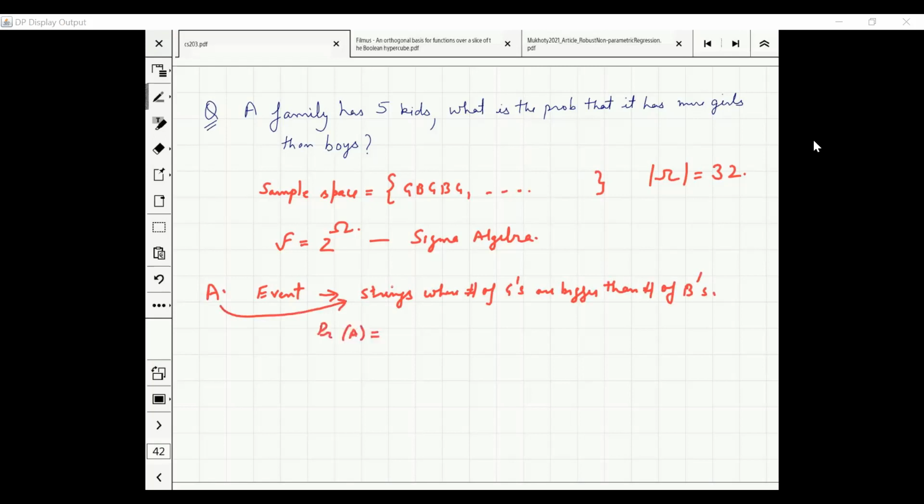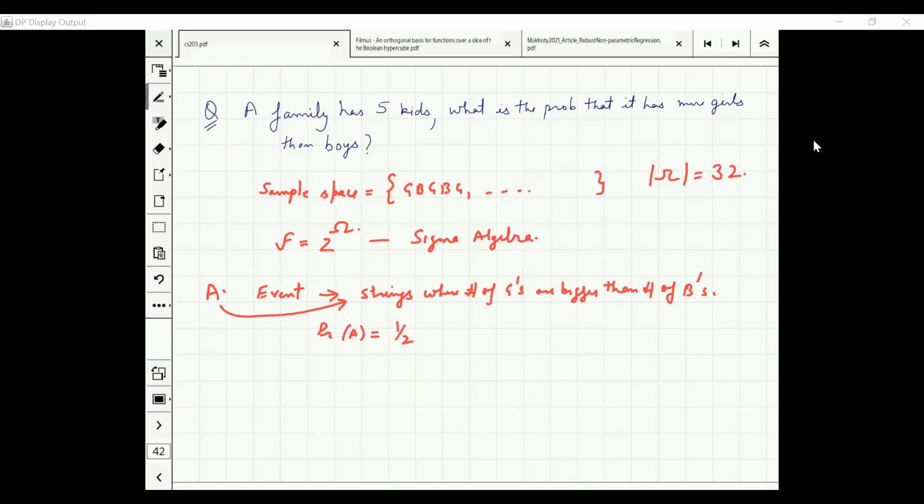Half. Okay. Why did you say half? Same for boys and girls. If we make an event that is the number of B's greater than the number of G's, then their numbers cannot be equal because there are 5 kids, right? So these two events are exhaustive and they have equal probability because of symmetry, right?